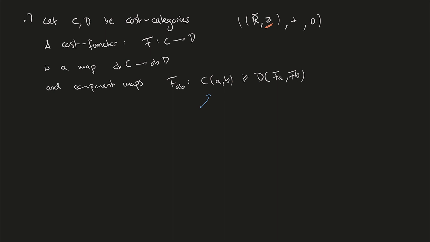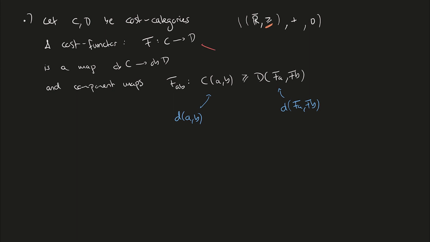So we saw C(A,B) as a distance between A and B. And similarly, we can interpret this the same way in the category D. So we get this being the distance between F(A) and F(B). And now what this requirement is saying is that the distance between any two points should not increase under the map F.